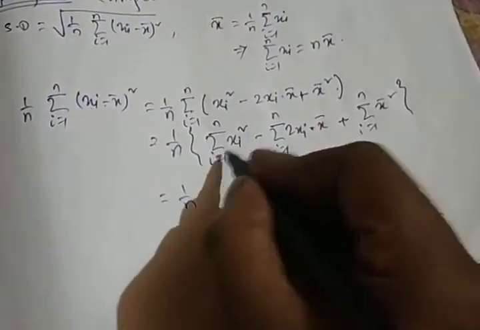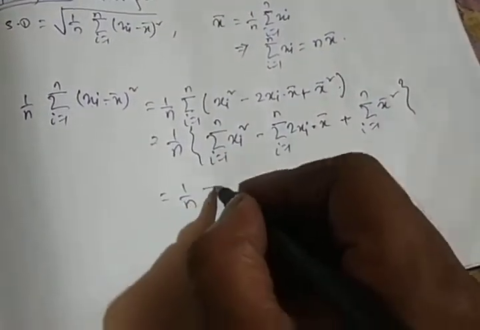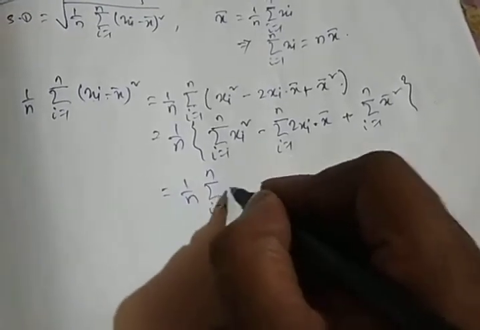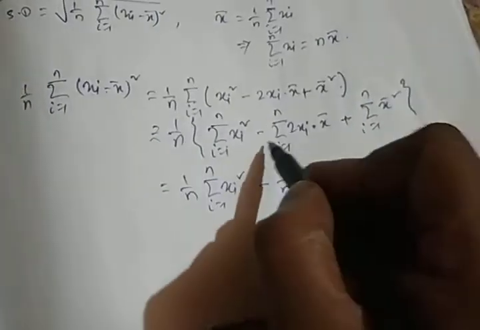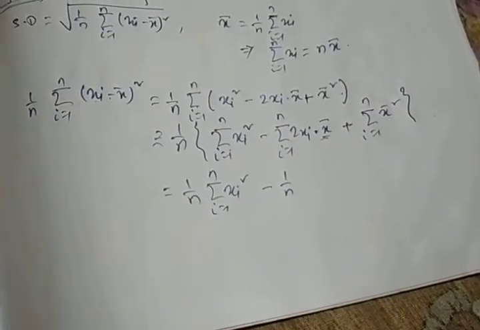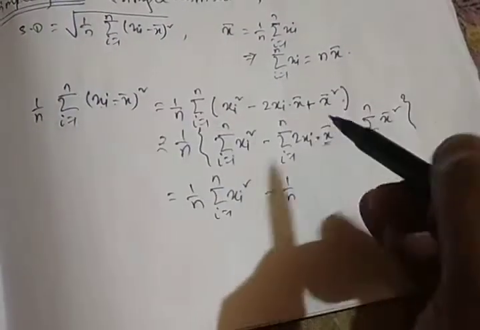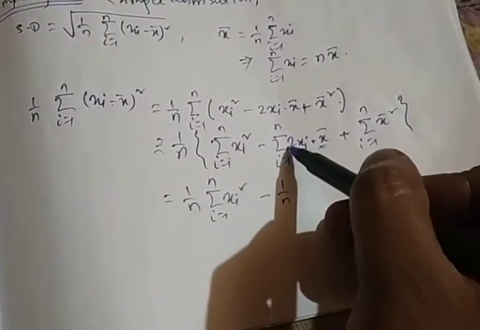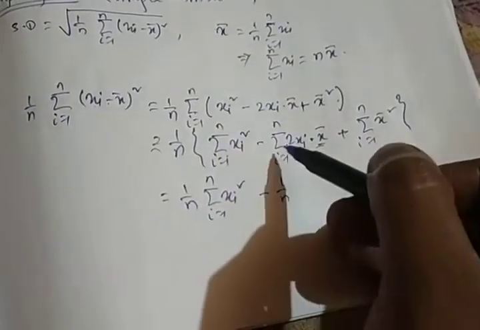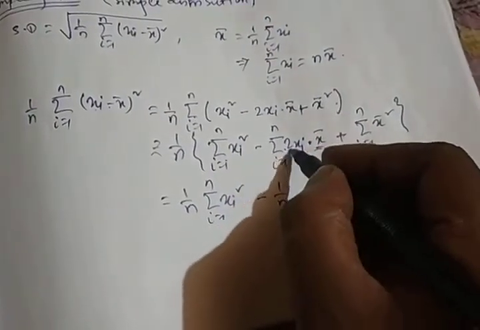Now 1 by n will be multiplied to each of this term. So we will get i equals to 1 to n xi square minus 1 by n. Now in this term, x bar is a constant. Okay, x bar is a fixed value. So whenever there is a fixed value, it can be taken out from the summation sign. So also 2 is a constant.